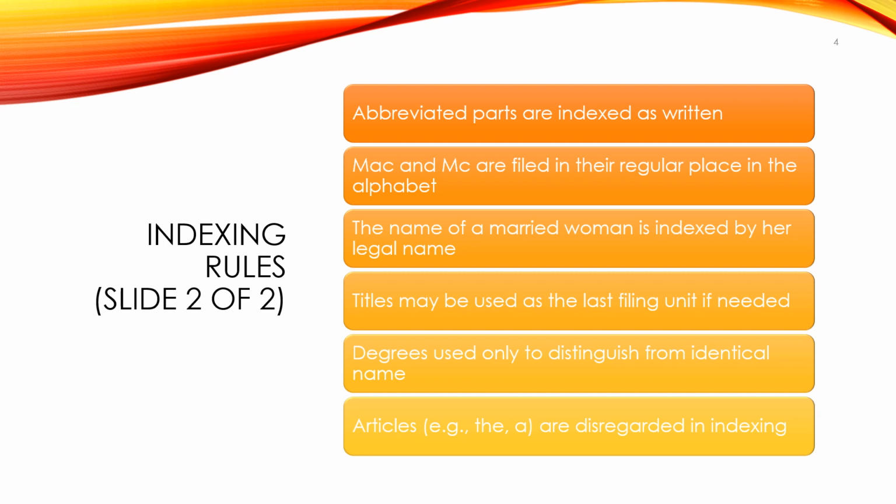The last name, first name, and middle name are all the same. So if we have Smith, John, Robert, MD and Smith, John, Robert, RN, MD would come before RN. We only use these titles or degrees to distinguish people who have identical names.